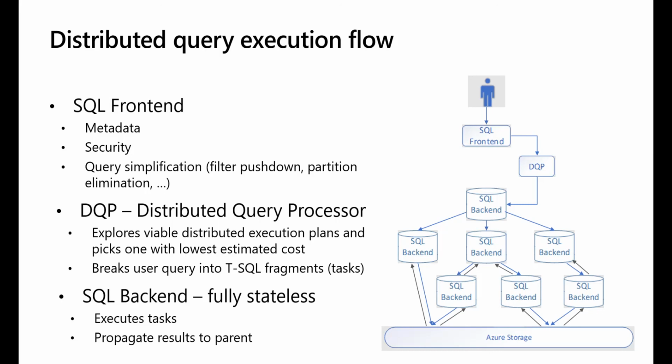Then these nodes will send data to other SQL backend nodes that can do joins between different data sets. And this information will again be sent to other SQL backend nodes. When all SQL backend nodes finish processing of the query, the results will be sent back to SQL Frontend, and SQL Frontend will return the result to some client application.